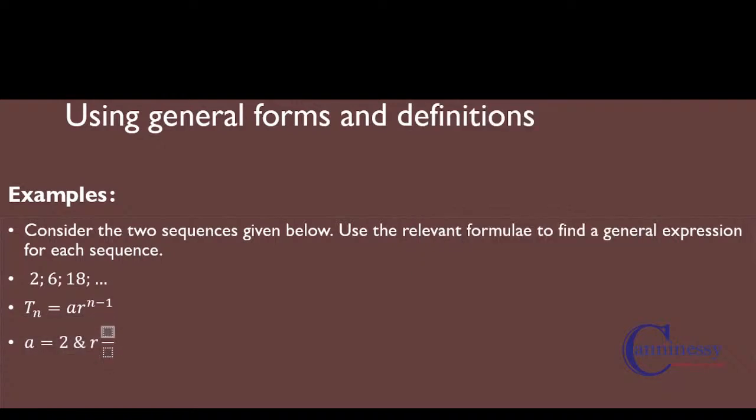So R is equal to 6 divided by 2, which is equal to 3.